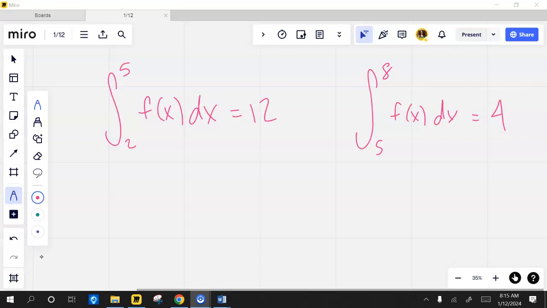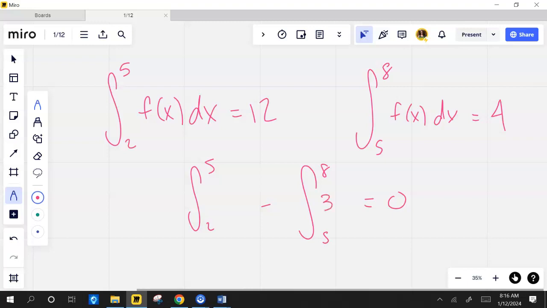Yeah. All right, so given this information, which of the following must be true except? So we're looking for the exception to the rule, not the rule itself. So the first one says that the integral from 2 to 5, and these are all f's, I'm not going to rewrite them, minus from 5 to 8 must be 0. 3 times.